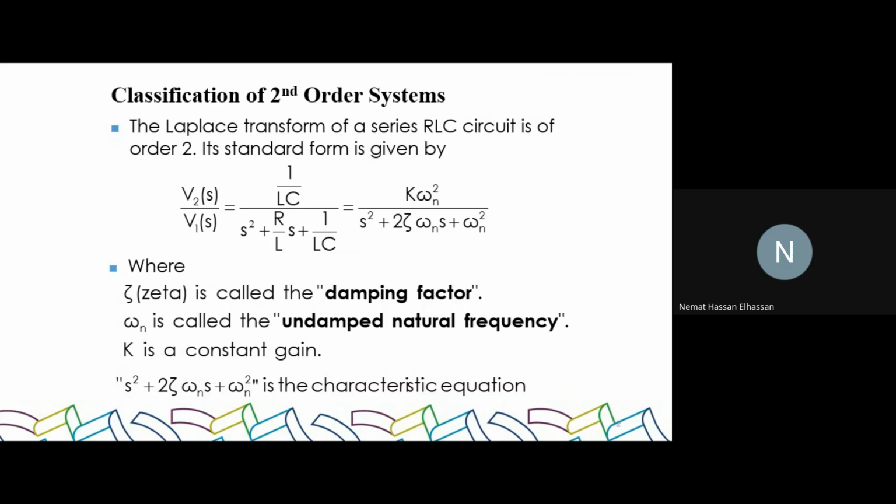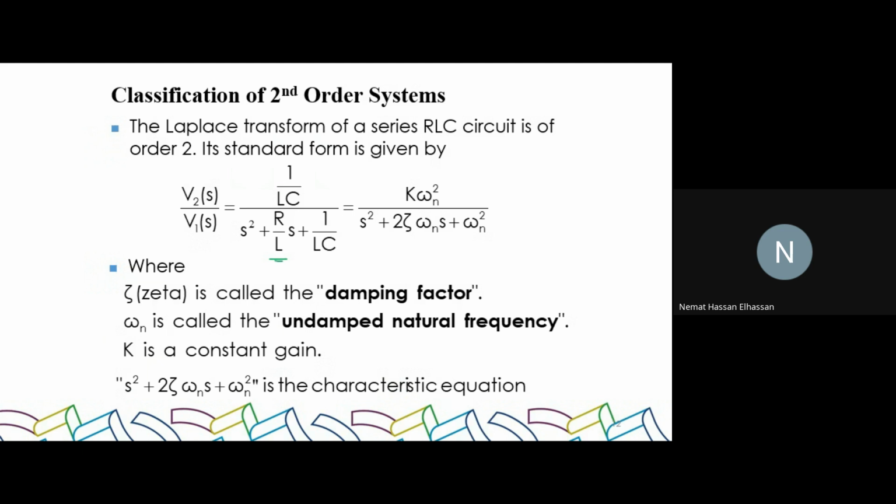Way one, if you have a circuit and you want to judge its performance, you calculate omega n and zeta based on the values of the components that you have. Or if you are the designer and you're told to design a circuit that does this, then you know what value of zeta and omega n you want, and you calculate the component values that will give you the desired zeta or the desired omega n.